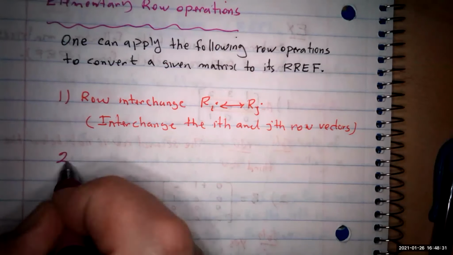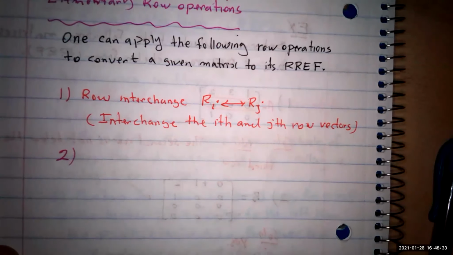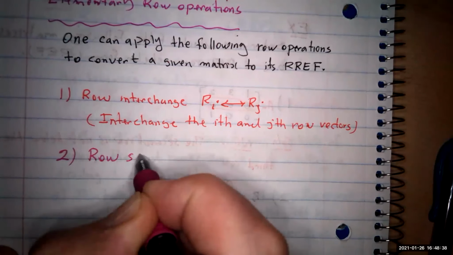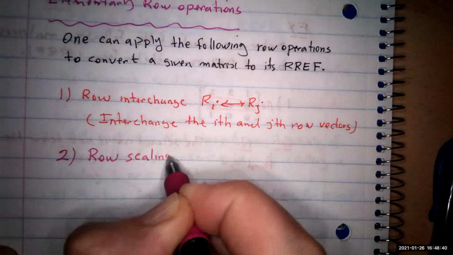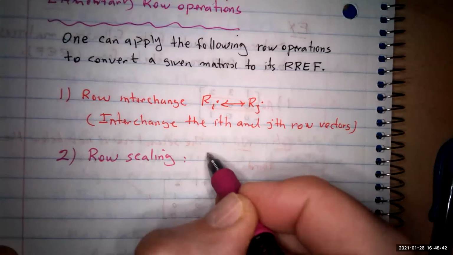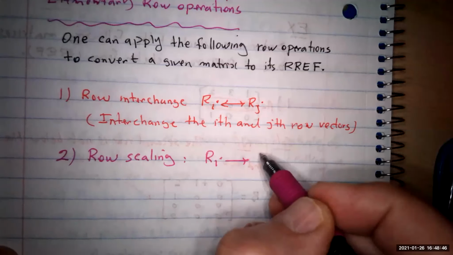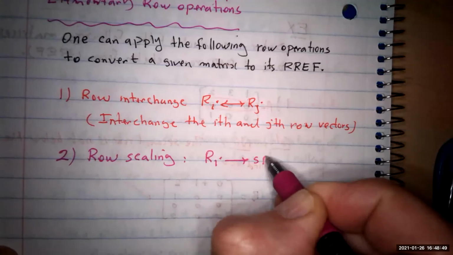The second one, we may multiply or divide. We call it row scaling. In row scaling, we have row i, and we may multiply it by something like S times Ri.